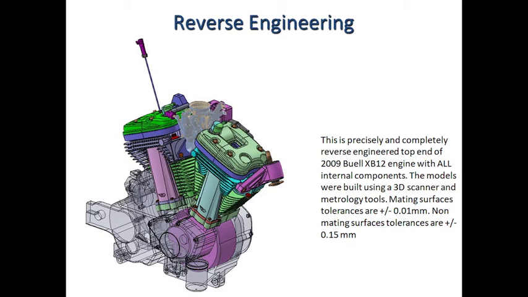You are seeing in this slide an engine which has been totally reverse engineered from a 2009 model of a Buell XP12 engine with all its internal components. What is done in reverse engineering is basically you are converting the physical product to the CAD model.